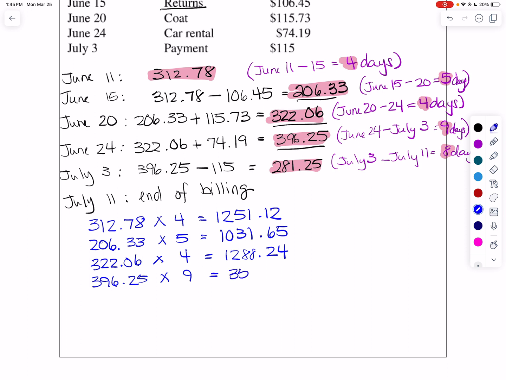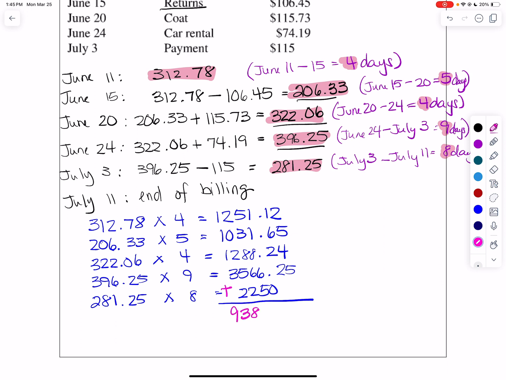And that's 3,566.25. And then we have 281.25 for 8 days, which is 2,250. So now we're going to add all of these up to get 9,387.26.